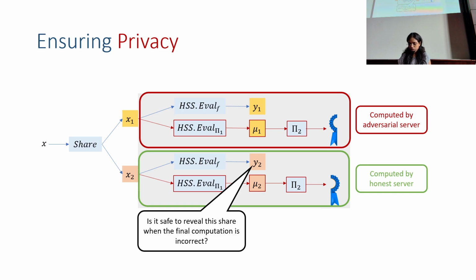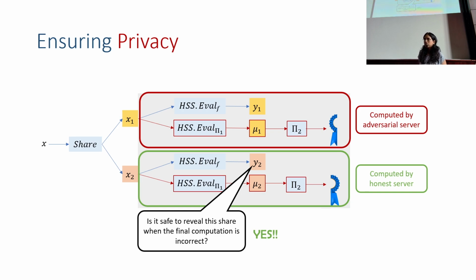In general, if you recall, in MPC protocols, it's not safe to reveal malformed outputs just because it may leak some additional information about the initial secret inputs. But in this setting, what we observe is that it's actually safe to reveal this output share, and that's simply because we are working in a non-interactive setting.